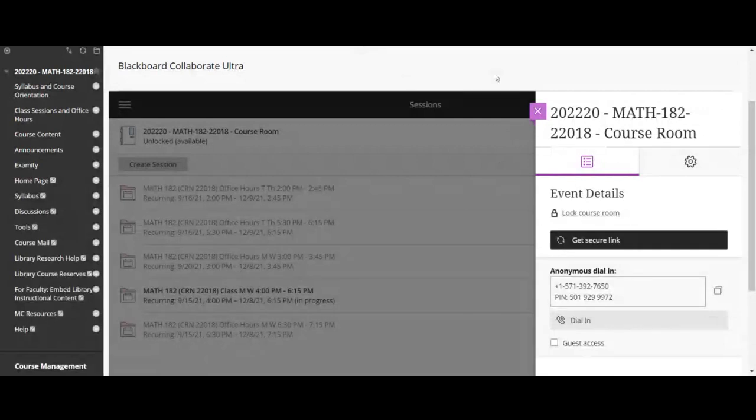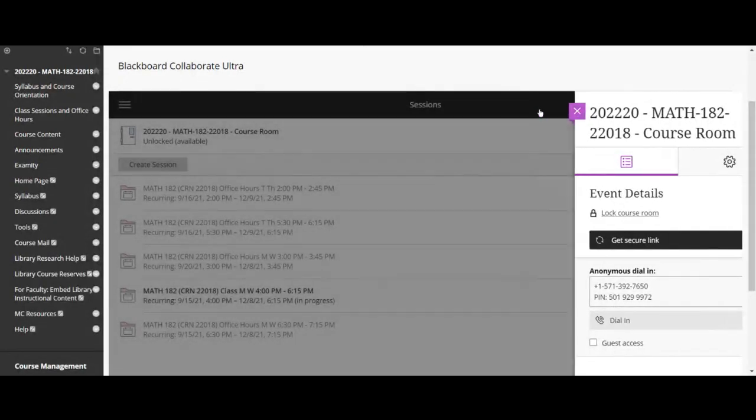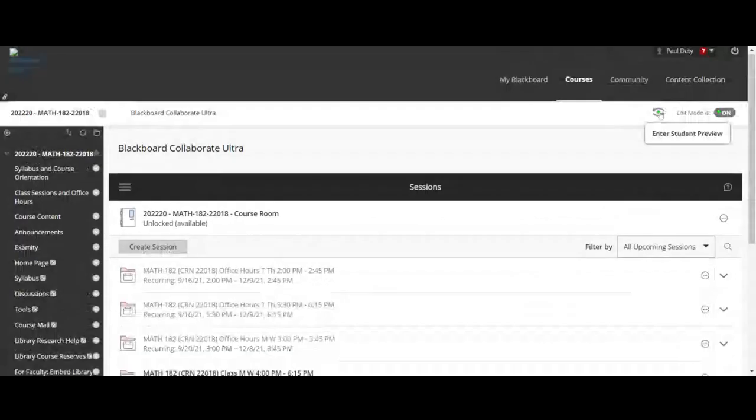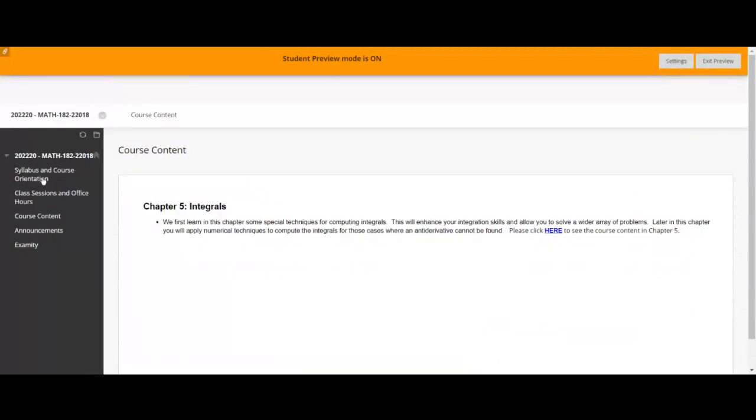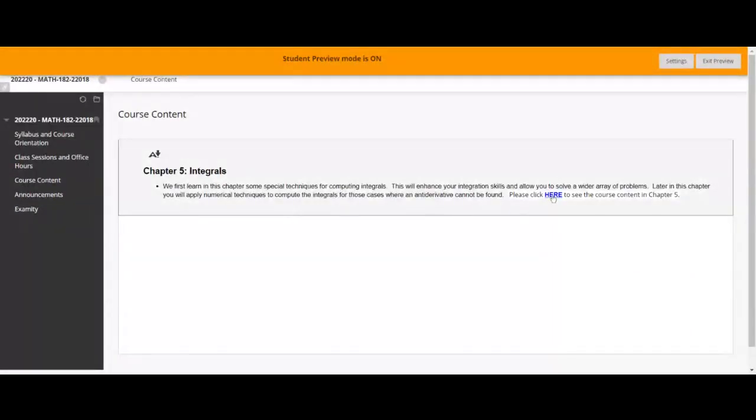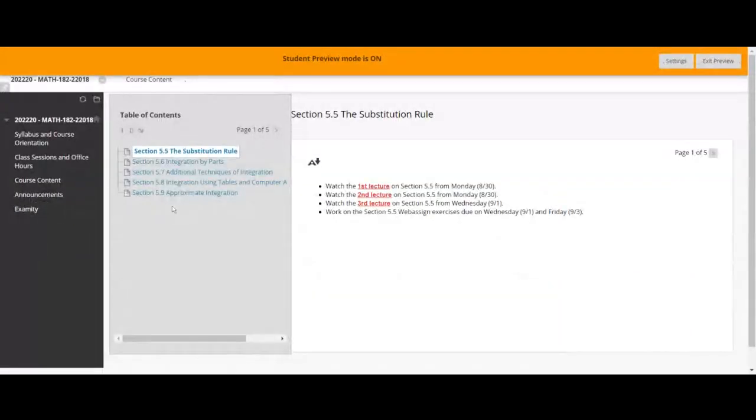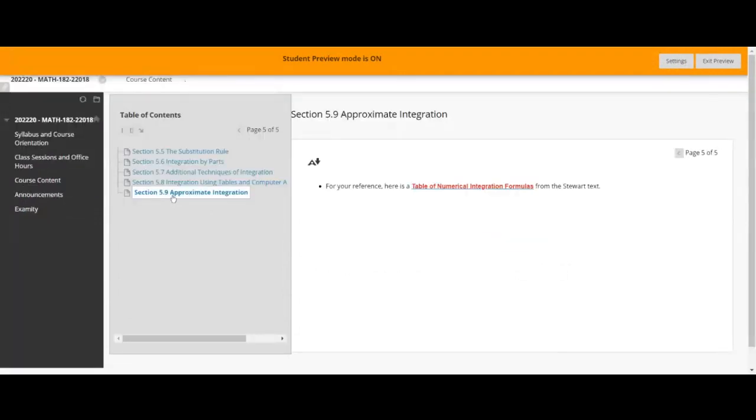If you go into the blackboard and look under course content, chapter 5, click there. There's a section 5.9, approximate integration section.